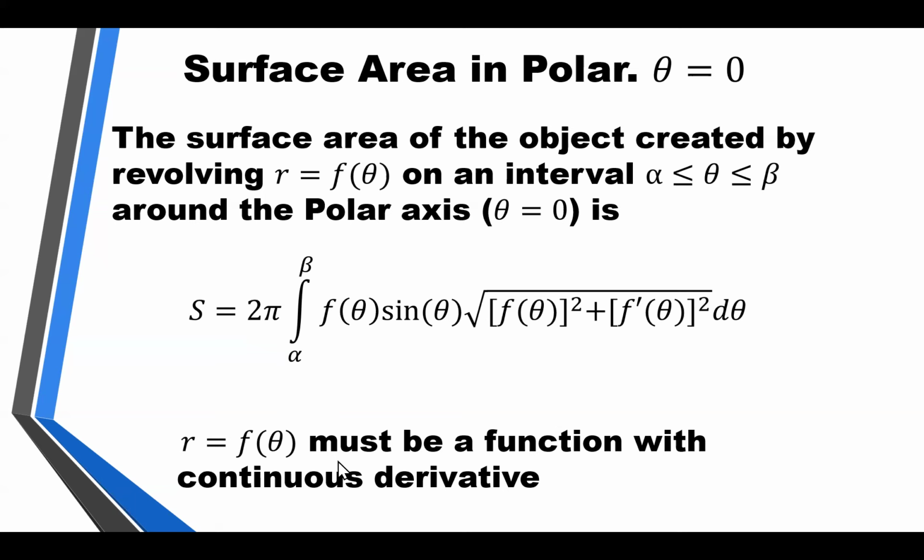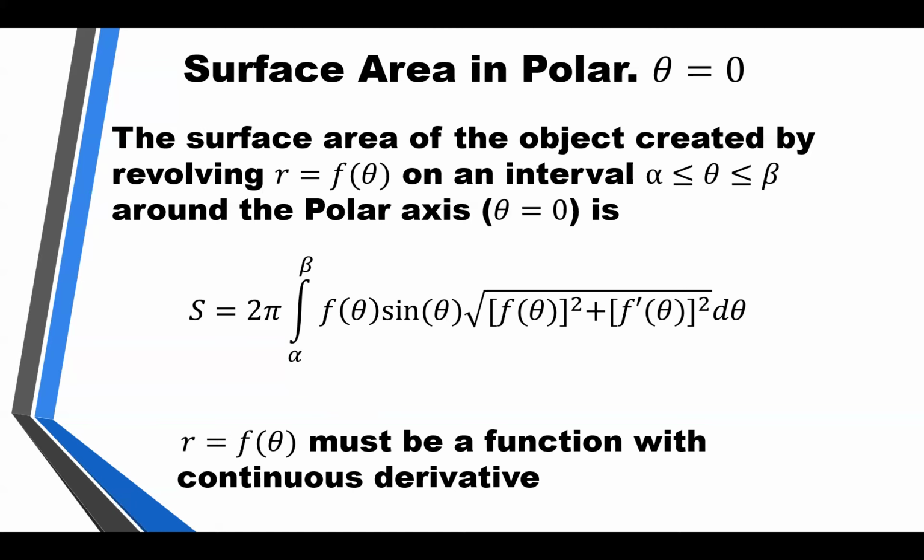Times my arc length square root, and then integrate that from alpha to beta. Now, in order for this to work, we do have to have r be a nice function of theta. It has to have a continuous derivative over the span from alpha to beta. In my Calc 2 classes, I won't give you a problem where r is a function of theta without a continuous derivative.